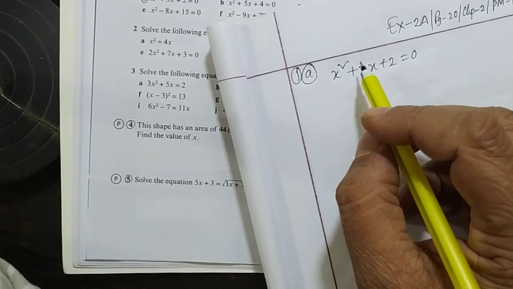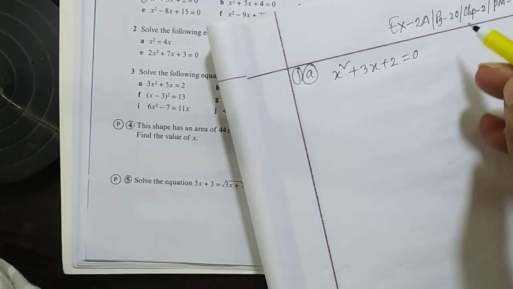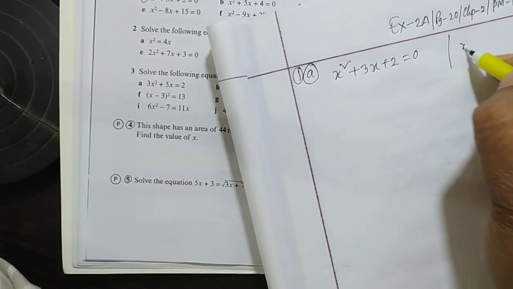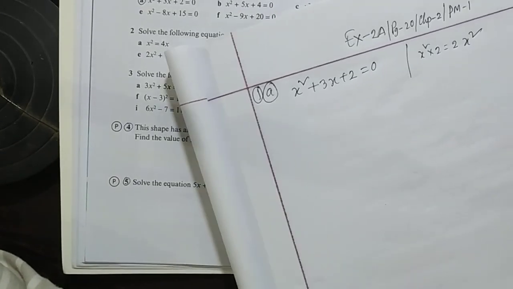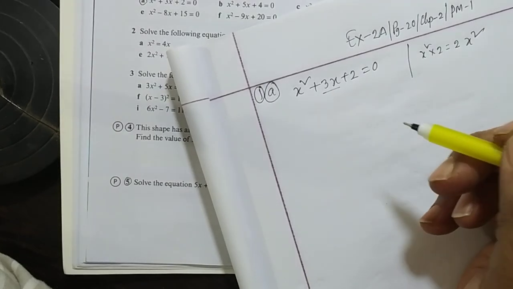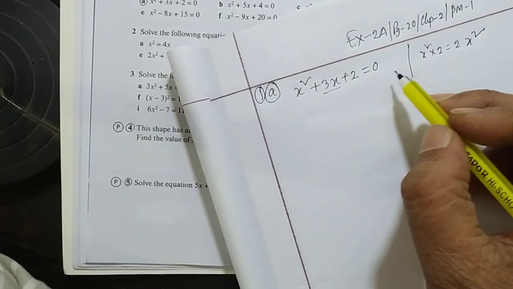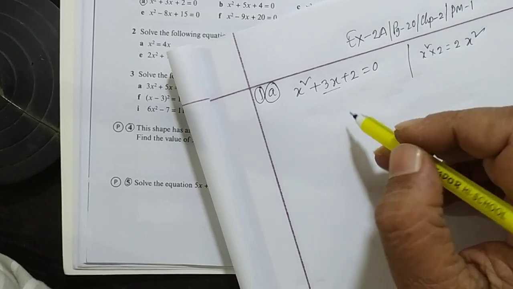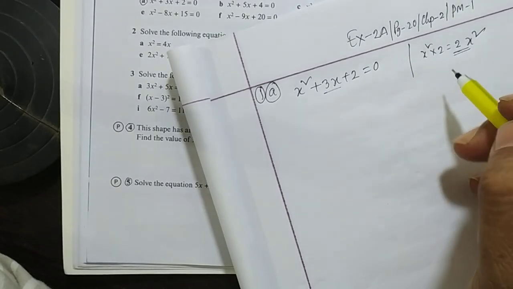So what is the middle term breaking method? First you multiply the first and last term with sign. So x square and 2, that is 2x square. And you will break the middle term into two terms so that if we multiply those two terms, we get the same thing, 2x square.